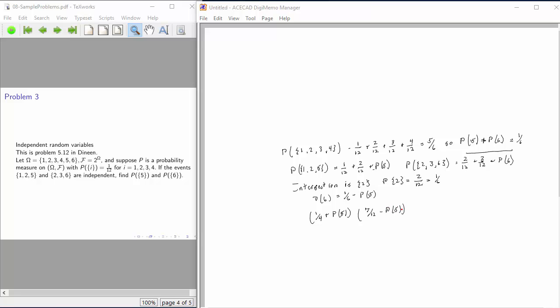For independent events, the probability of those two events multiply out to the probability of their intersection, which we know is 1/6. Now the rest is just algebra.